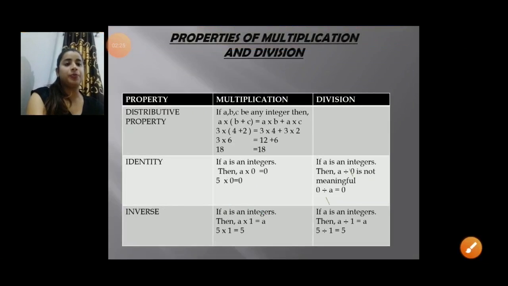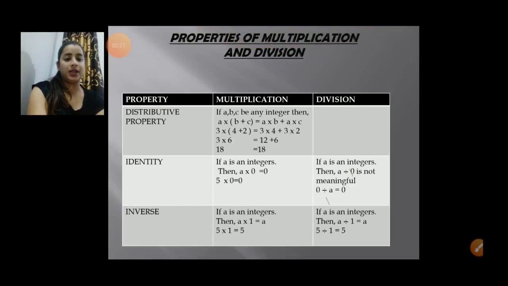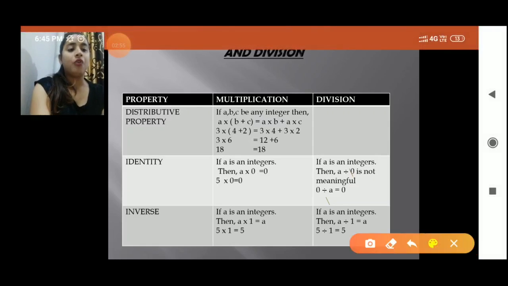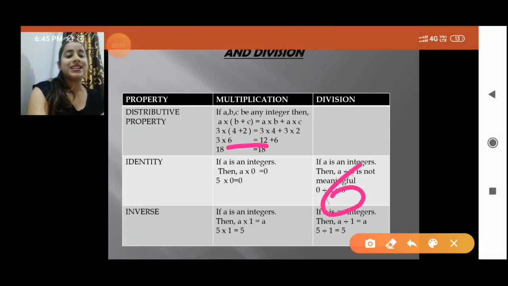Now let's come to the other property, which is distributive property. If a, b, c are any integers, then a into b plus c is equals to a into b plus a into c. It states that if we take 3 integers and first we add the 2 integers, here we have added up 4 with 2. So 4 plus 2 equals 6.